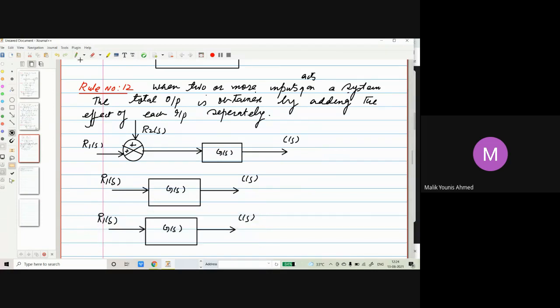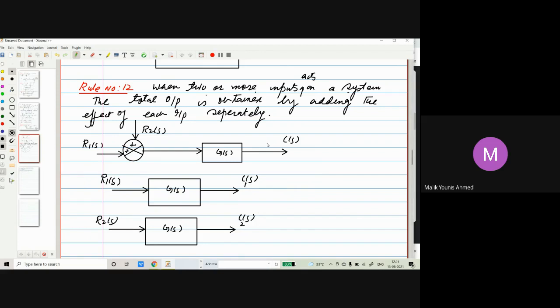Second, we have to consider R2 of S and make R1 of S 0. The output here will be C1 of S, and this will be C2 of S.